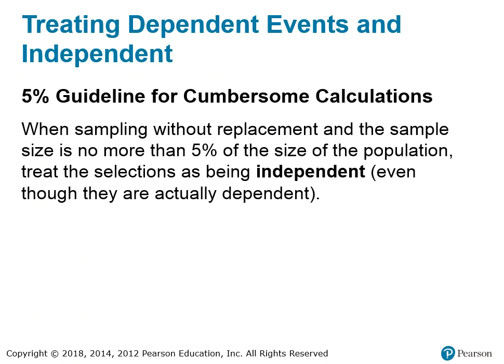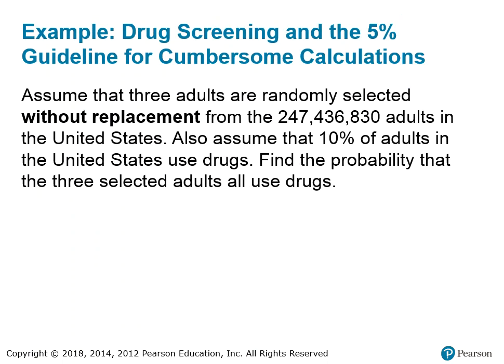Back here we said if our sample size is no more than 5% of the population. So let's figure out what is 5% of 247,436,830. Typing that into my calculator.